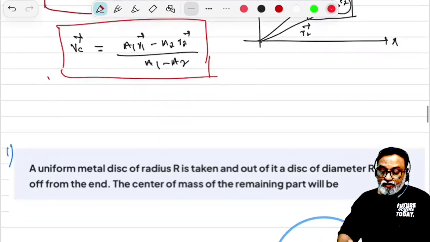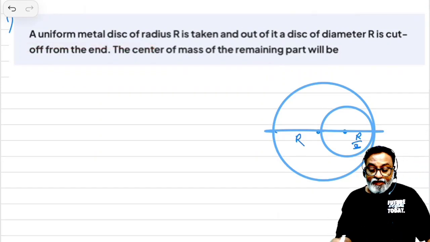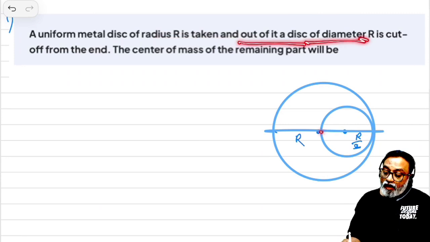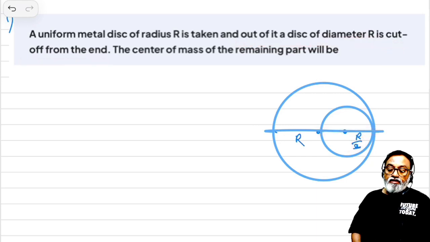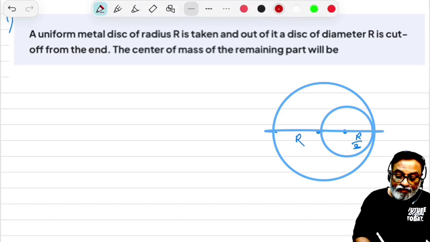See, based on this, here is one problem. A uniform metal disc of radius r is taken and out of it a disc of diameter r, therefore radius r by 2, is cut off from the end. The center of mass of the remaining part will be. See here, first, step 1.